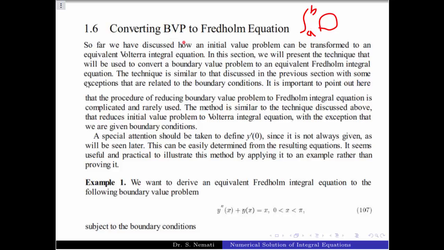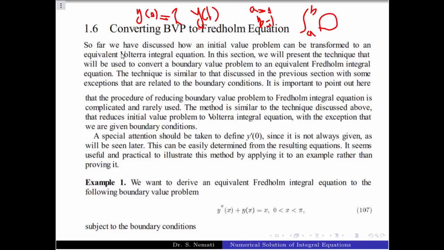Here we want to check that boundary value problems means differential equations with boundary conditions. The value of the function, for example, is given on the boundary. If a is 0 and b is 1, for example, this is just an example, we should have the value of y at 0 and also the value of y at 1.